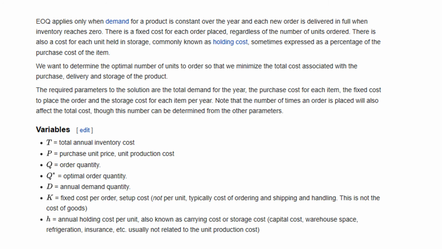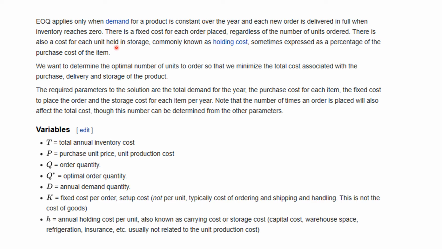So here we go with the formulation. The economic order quantity model applies only when the demand for a product is constant over the year. That almost never happens, but that's the assumption. And each new order is delivered in full when the inventory reaches zero. The world also doesn't really work exactly that way either, but that's the model assumption. There is a fixed cost for each order placed, regardless of the number of units ordered.